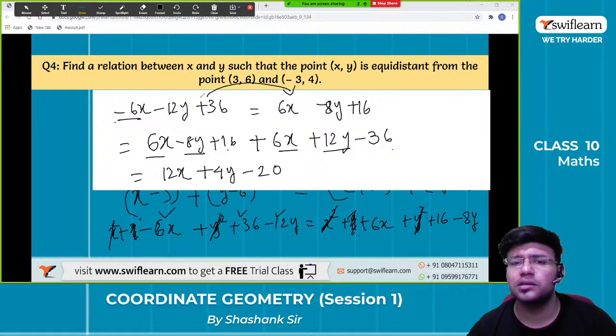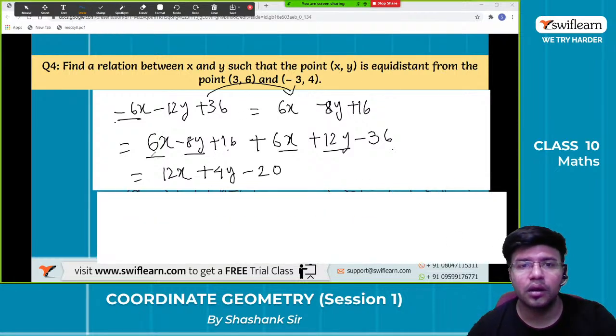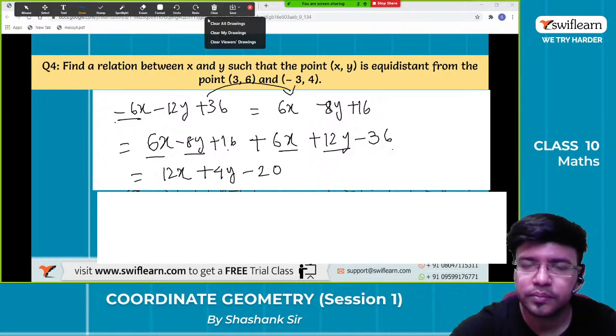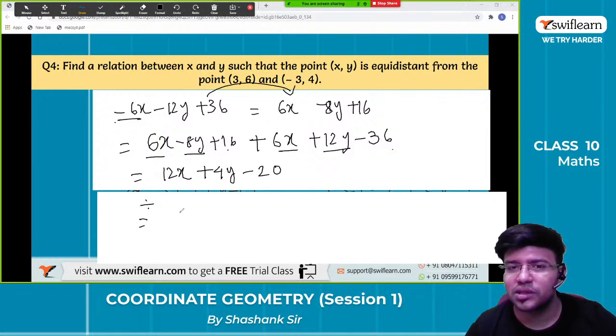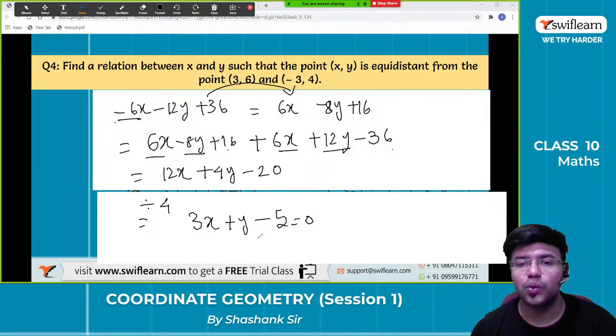Now simplify this. Can I divide this by 4? Yes, I can divide this by 4, on both the sides. 12 divided by 4 is 3, so I am going to get 3x plus y minus 5 is equal to 0.